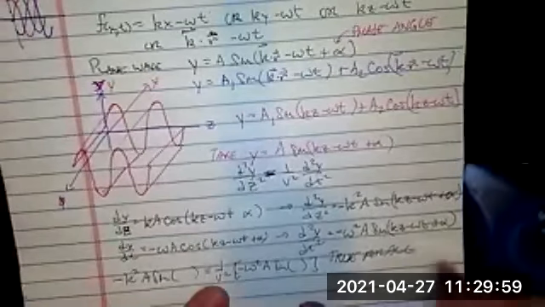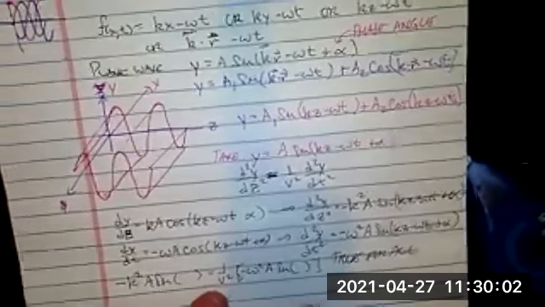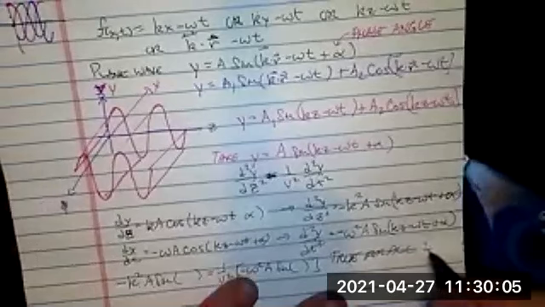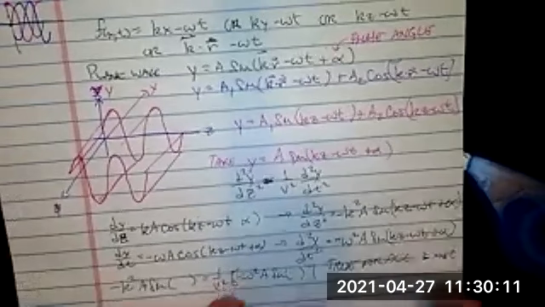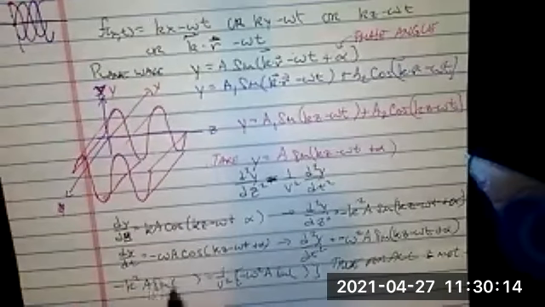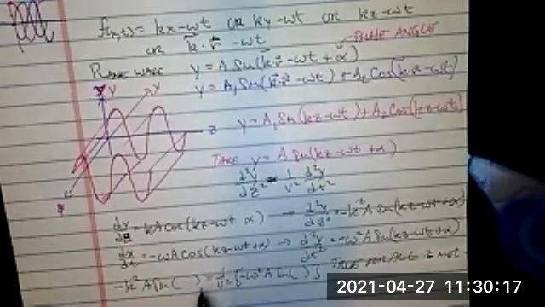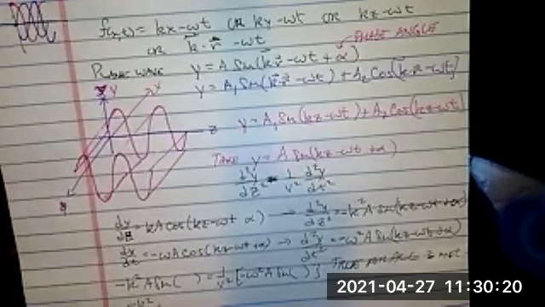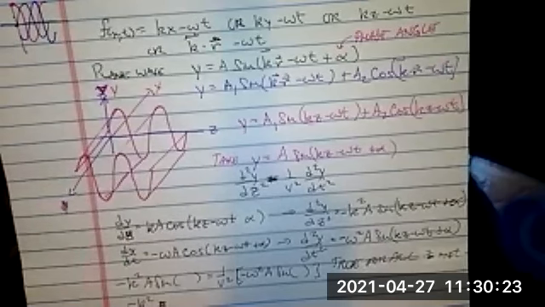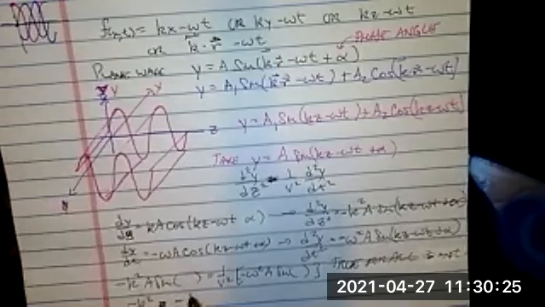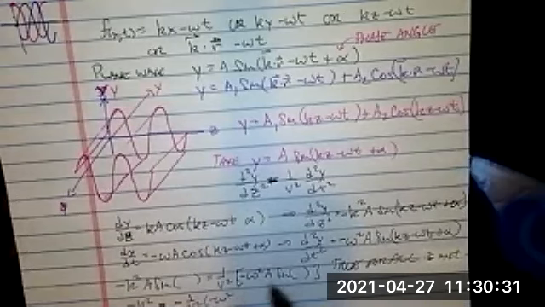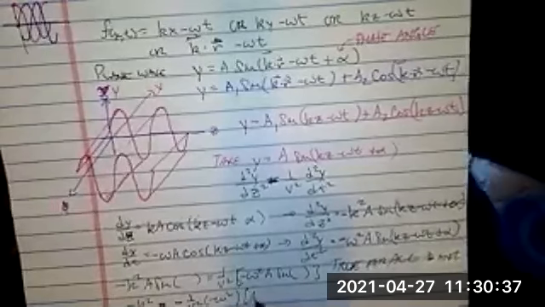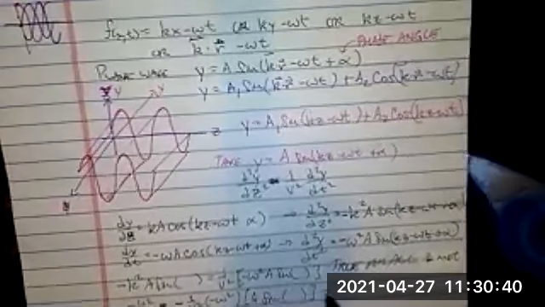So it has to be true for all z and t. That means we can consider the case where the sine of the argument is not 0, and we can bring the term over to this side: negative k squared minus 1 over v squared times negative omega squared, all times a sine, is equal to 0.